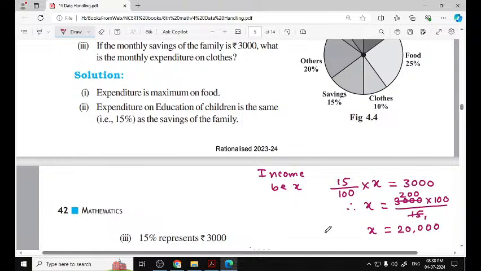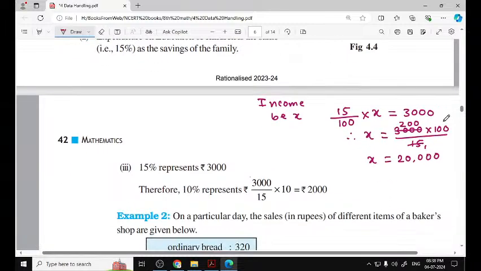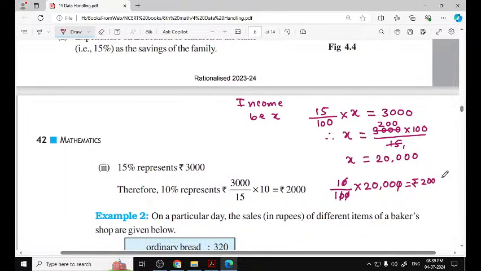So let us find out 10% of 20,000. 10% means 10 upon 100 into 20,000. It is rupees 2,000.